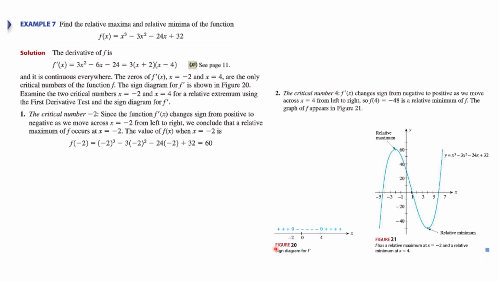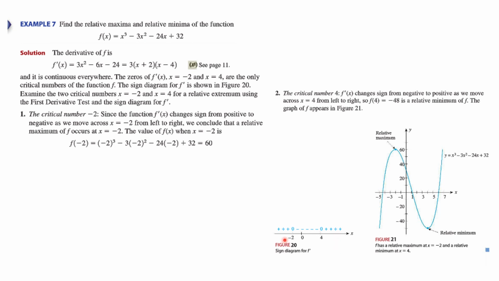We do the sign checks, and so we take a point over here, and it's positive, here is going to be negative, and again when I say here I mean the derivative, and here it's going to be positive.